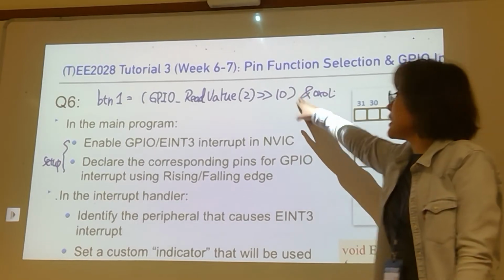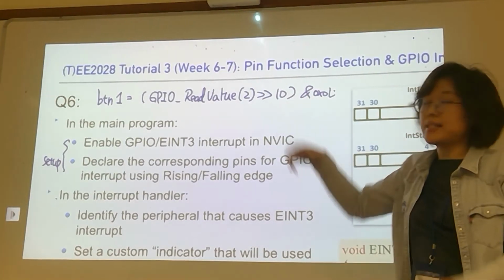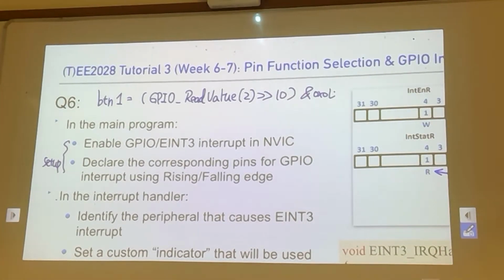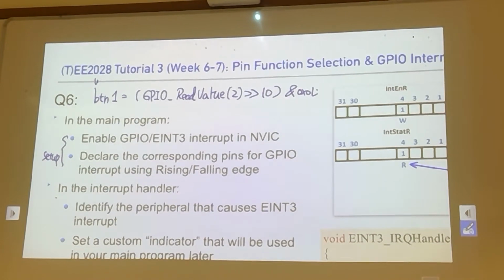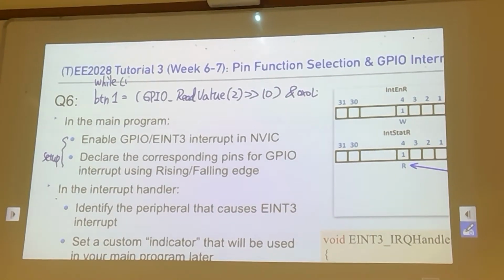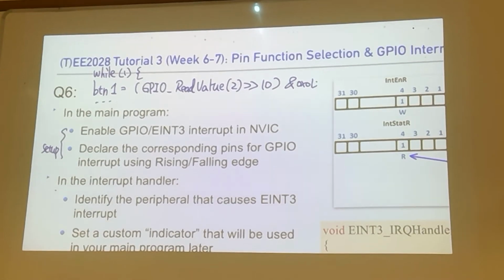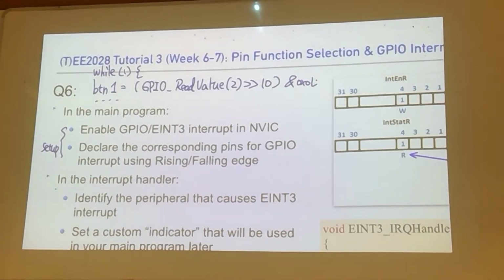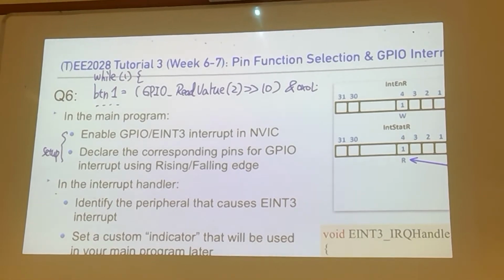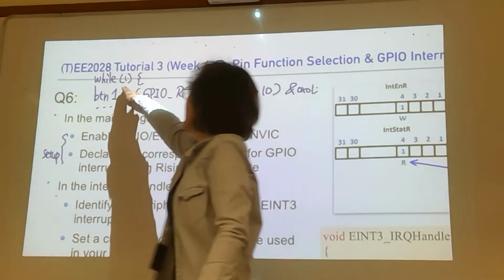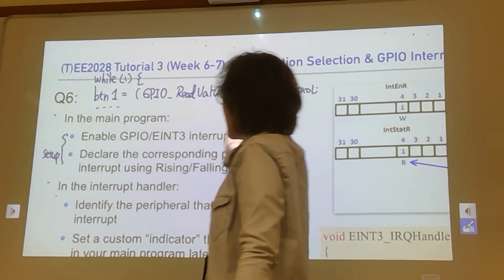Because you see, this one is in the while one. And in the while one, this is not the only code. You have some other code, and then you finish your while one. So basically, your while one will run from this line all the way to here and then repeat.